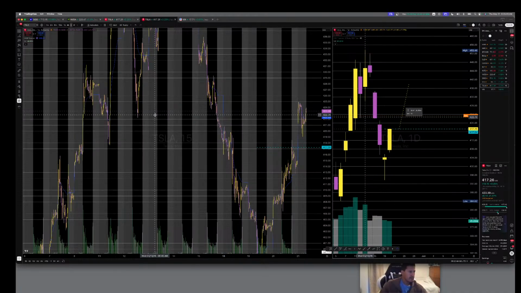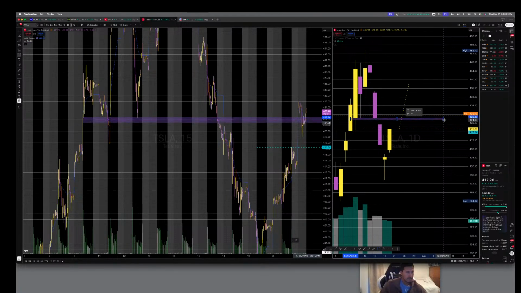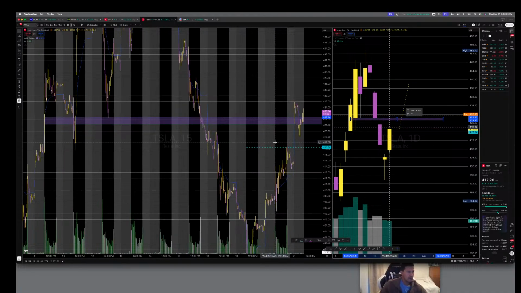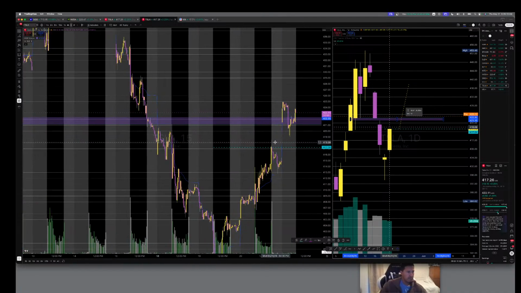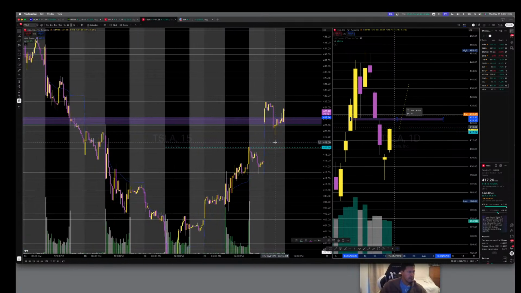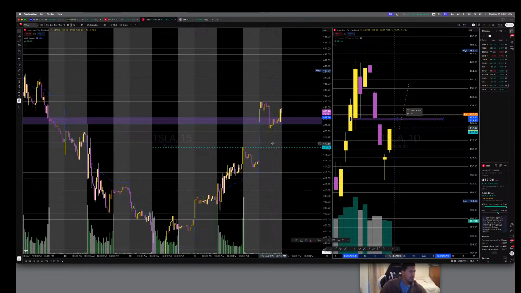Kind of got some support here, maybe. Something about this area right here. Something about this. You want to fill it up? Maybe. Stay above this.